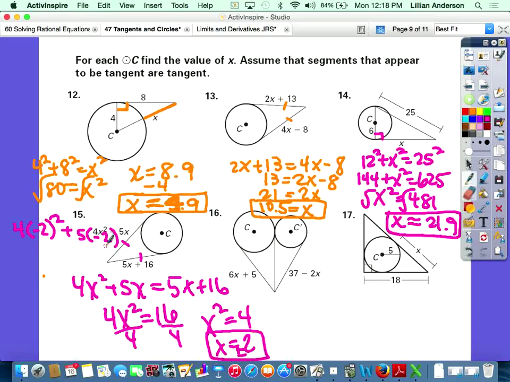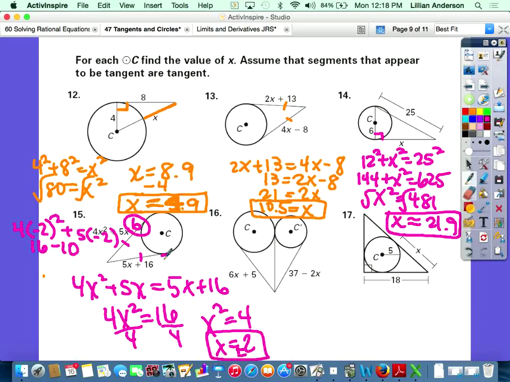Positive 4. What's 4 times 4? 16. What's 5 times -2? -10. What's 16 minus 10? Positive 6. If it was negative, then it wouldn't work because I can't have a negative segment.